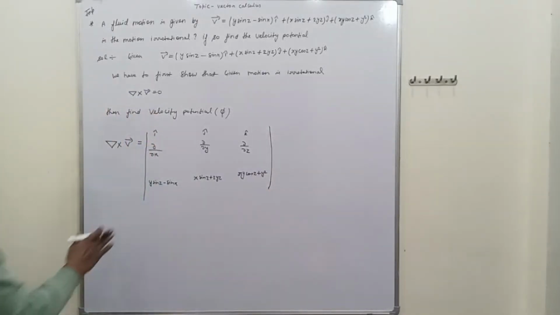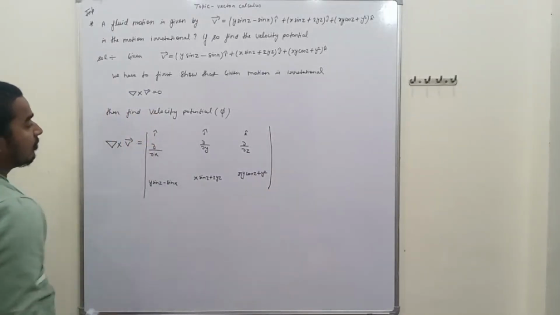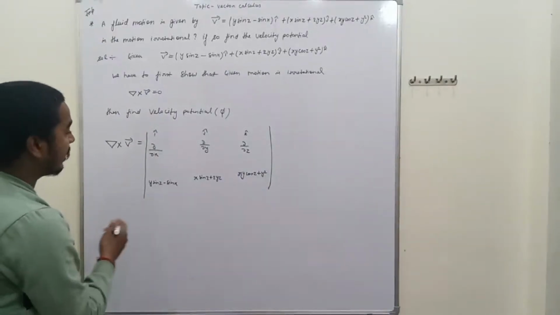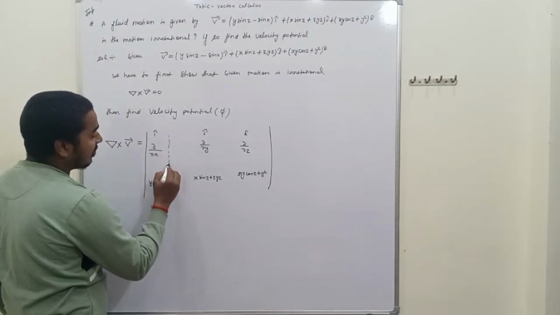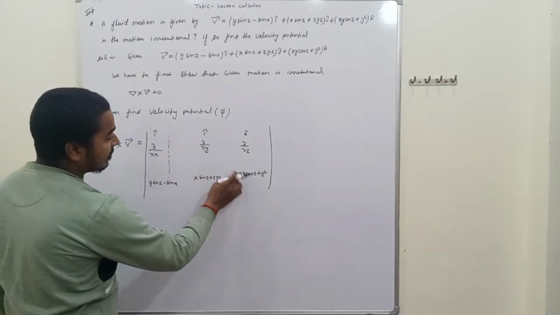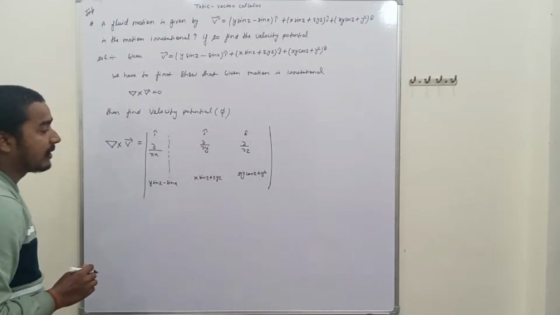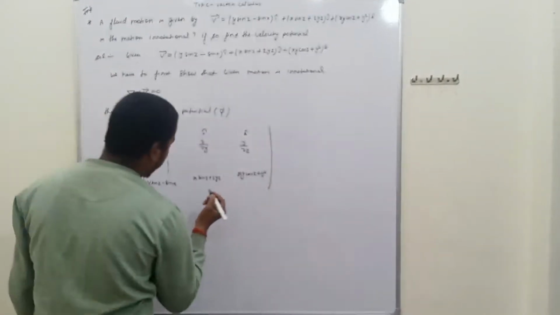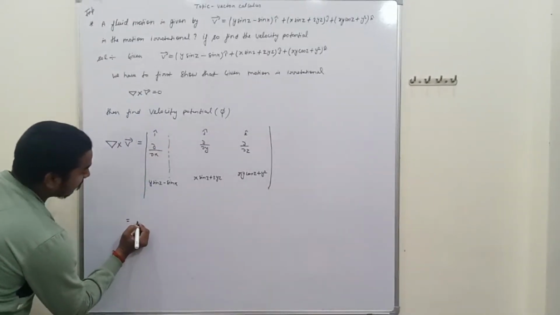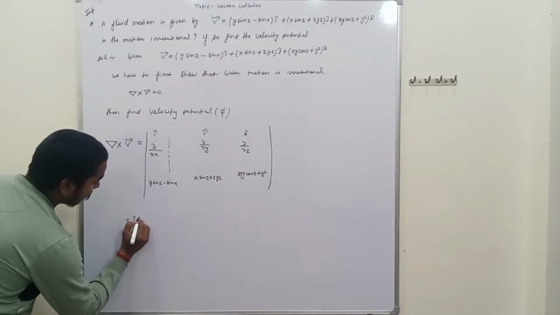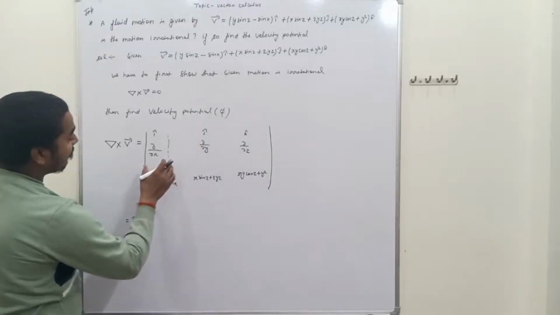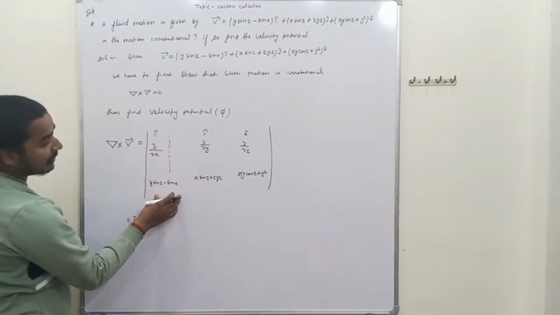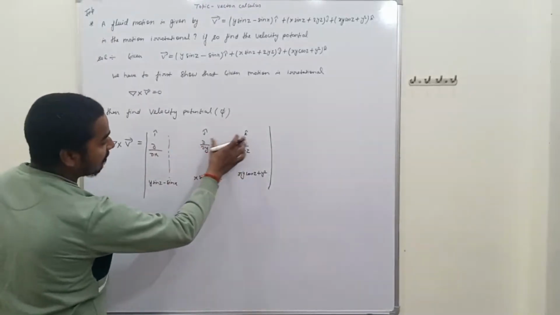First we have to open with respect to column 1, that is i cap. We suppose this column is eliminated. Further we have to take operation with j cap and k cap, that is del upon del y.